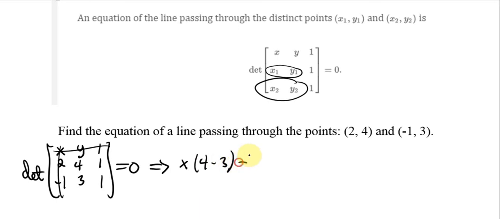And then minus y, delete its row and column, and so that leaves me with 2 plus 1. And this is minus a minus, so that's 2 plus 1. And then we come to that 1.